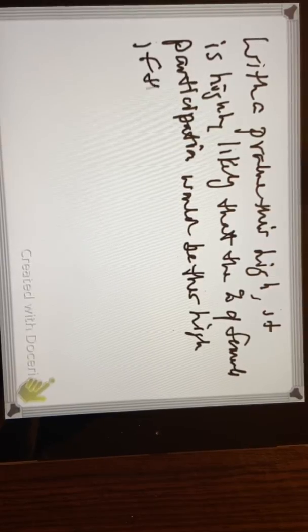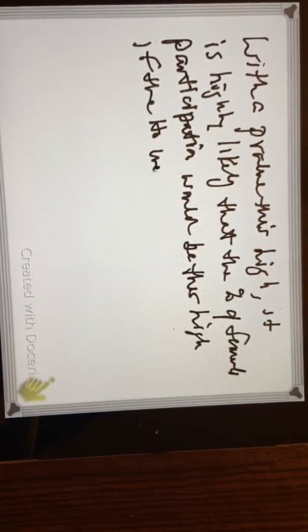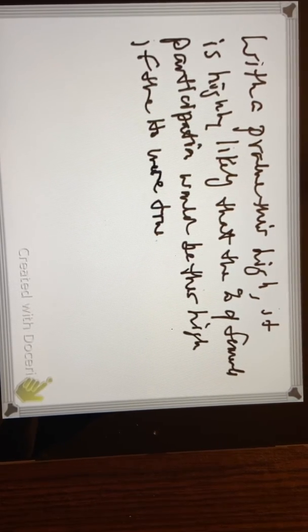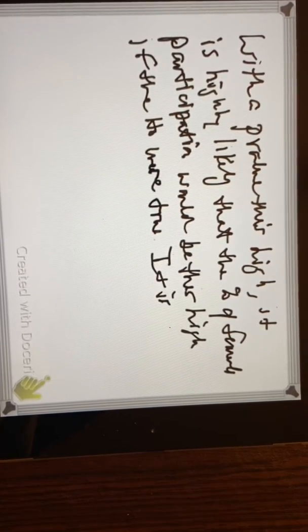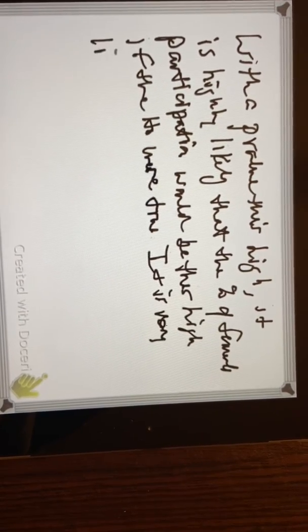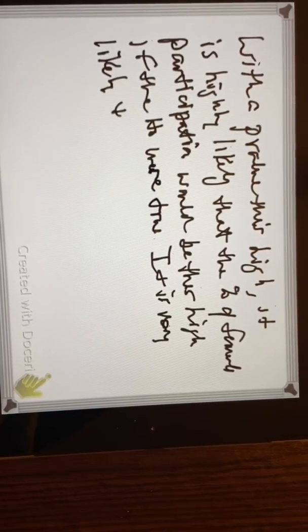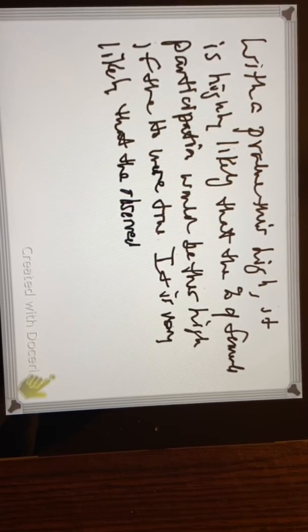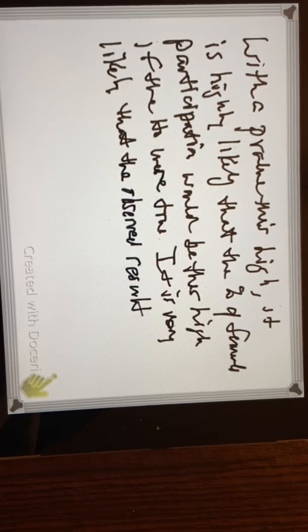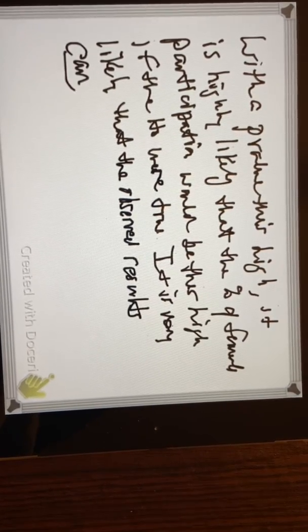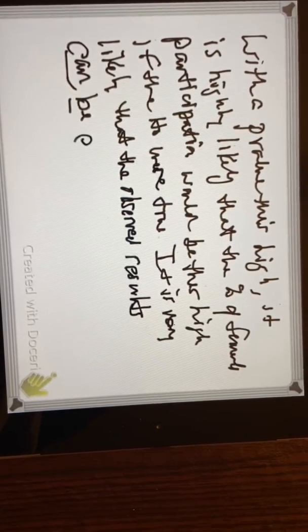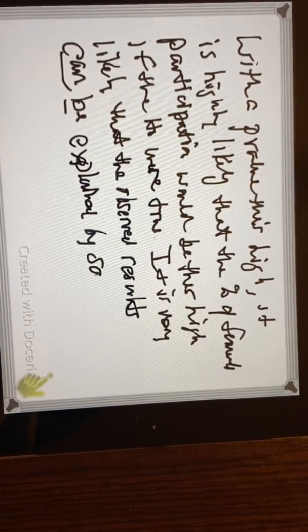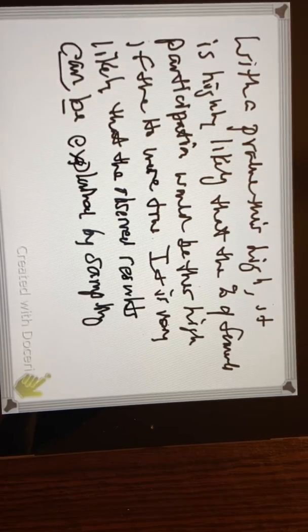If the null were true, it is very likely that the observed results can be explained by sampling error.